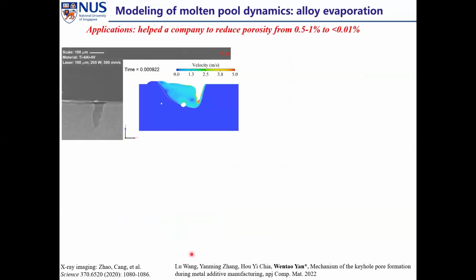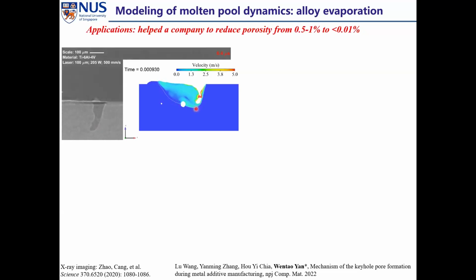And with this, we can further simulate how this strong evaporation, this keyhole dynamics will influence the defects generation. So this is also by Argonne National Lab. You can see here, this is the observation of the keyhole dynamics. The keyhole collapses and then generates a pore here.